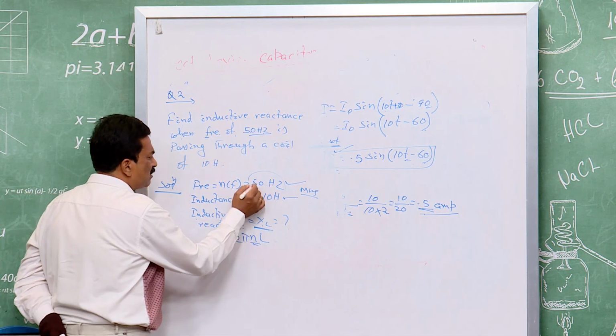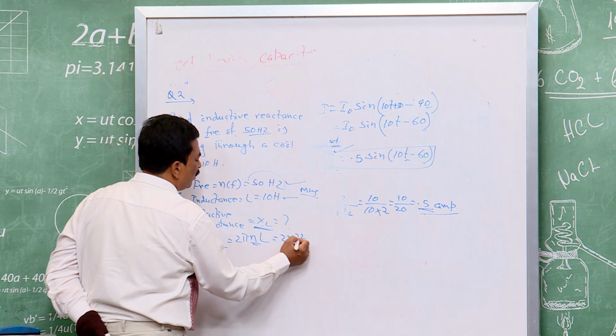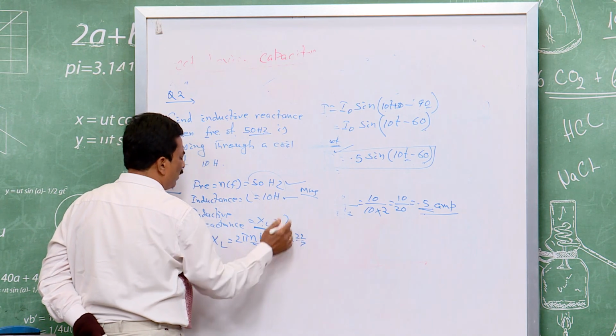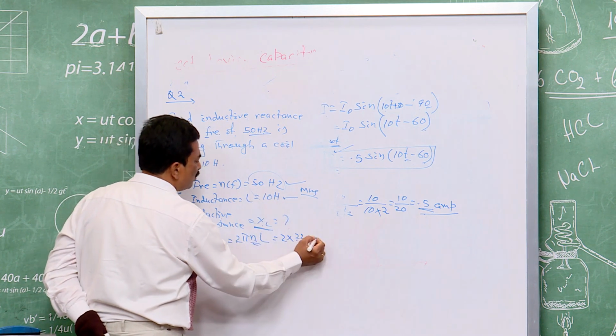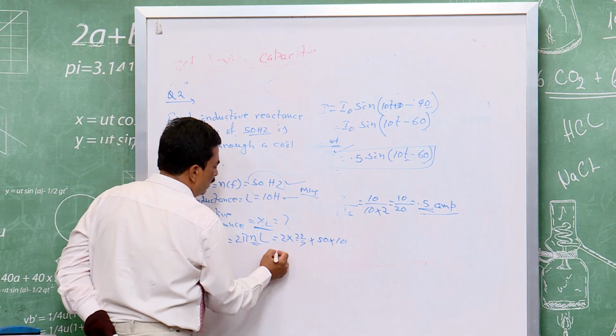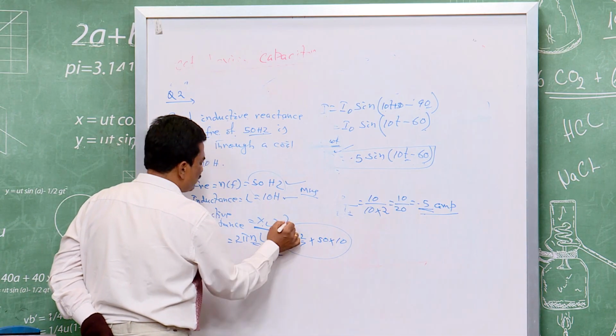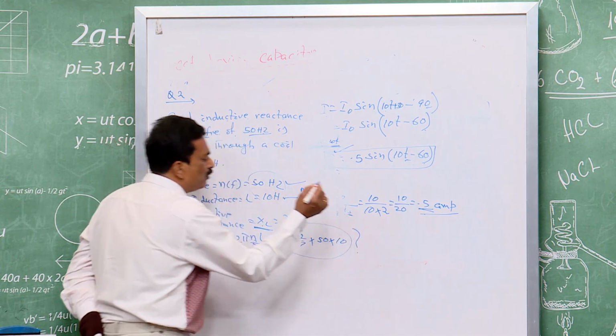Here n is the frequency that is given. So 2 into pi is equal to 22 by 7 or 3.14, whatever you will write. So 2 pi n is equal to 50, and L is equal to 10. When you simplify this, that will give you the XL, but what will be the unit of that?